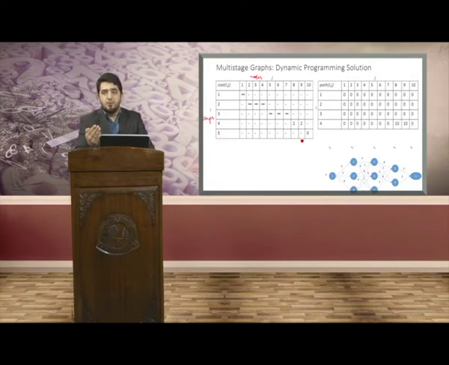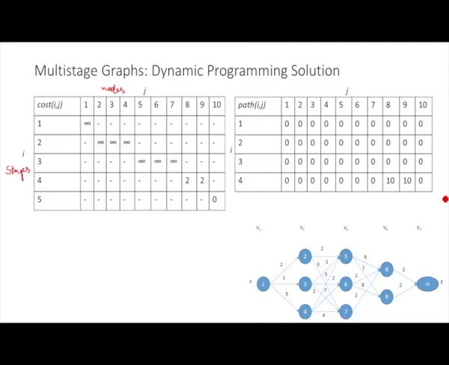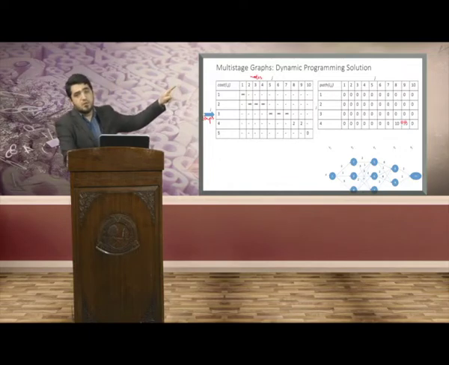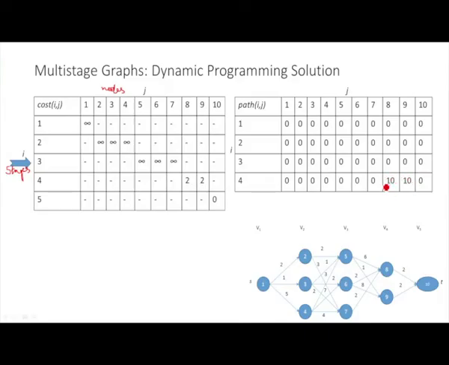Now if we move one step back, as you can see in this example, the cost of going from node number 8 to node number 10, or from stage k minus 1 to node number 10, is 2 for both 8 and 9. So we have saved these base cases, and using a bottom-up approach we'll try to fill in the values at those cells marked as infinity. Initially we are setting them equal to infinity.